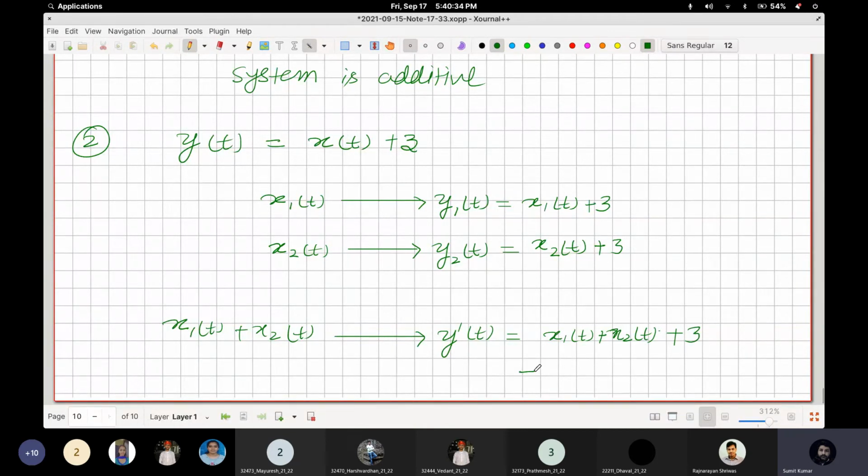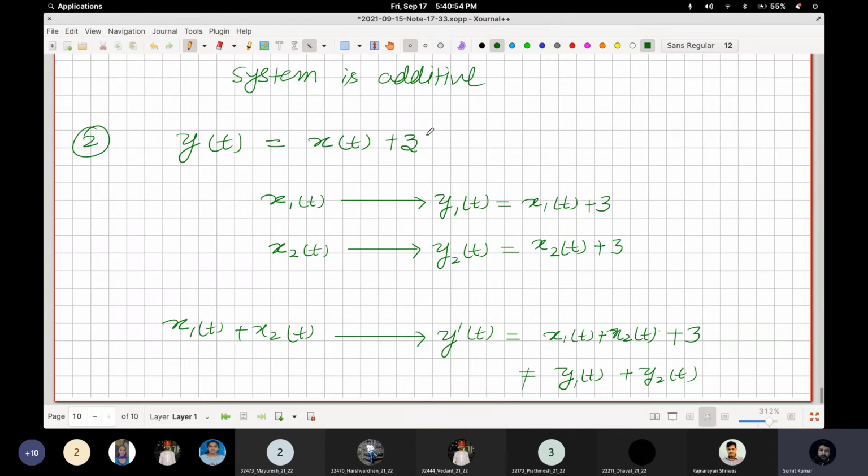And you can clearly see that this is not equal to y1(t) plus y2(t). Is it equal to that? No, because y1(t) plus y2(t) will be equal to x1(t) plus x2(t) plus 3 plus 3, which means 6, isn't it? And here you have only 3.